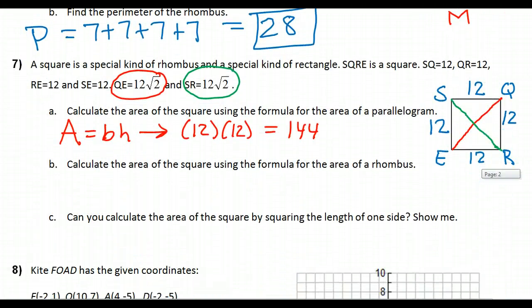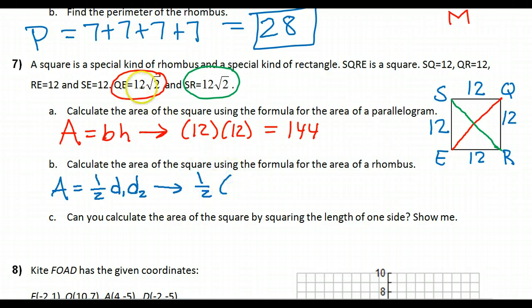So let's do that. Area equals 1/2 diagonal 1 times diagonal 2. So that's going to give me 1/2. Now remember, the red and green here are my two diagonals. So that's going to be 12 radical 2 times 12 radical 2.